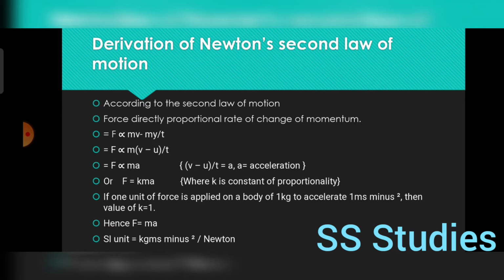If 1 unit of force is applied on a body of 1 kilogram to accelerate it by 1 meter per second squared, then the value of k equals 1. Hence, F equals ma. The SI unit of force is the Newton.